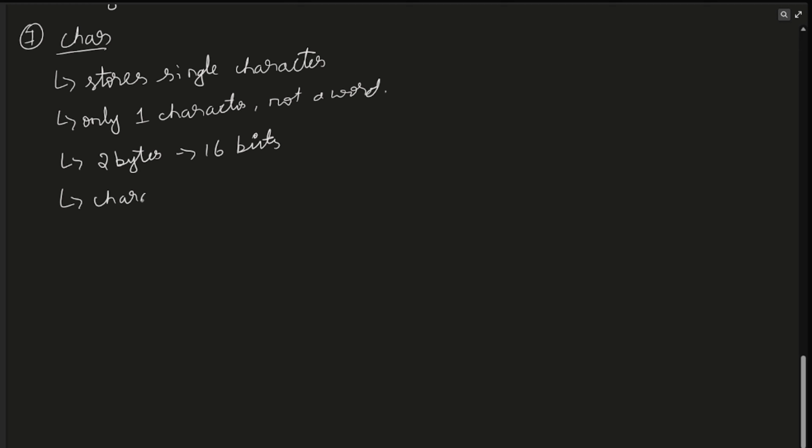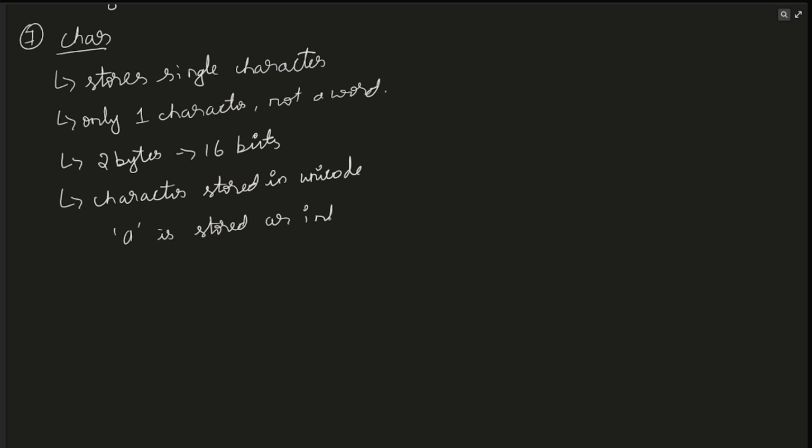Characters are stored in Unicode. For example, a small letter a is stored as integer value 64. 64 is the Unicode of small letter a. Examples of char data type could be a class grade like A, B, C, or answer choices like yes or no.